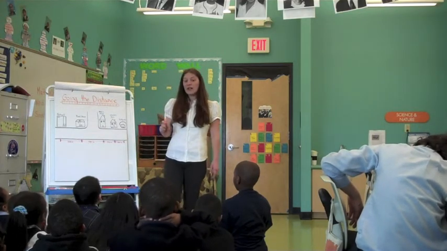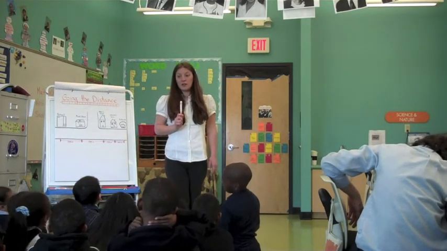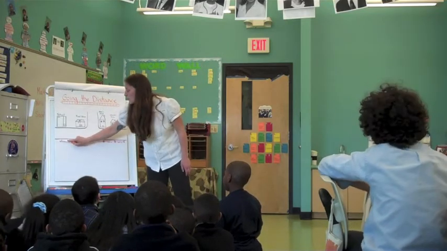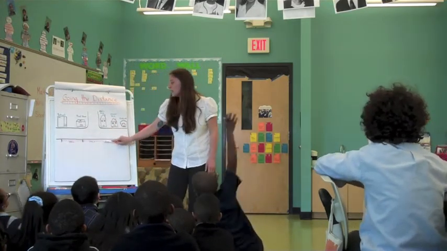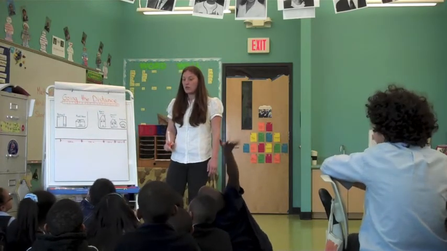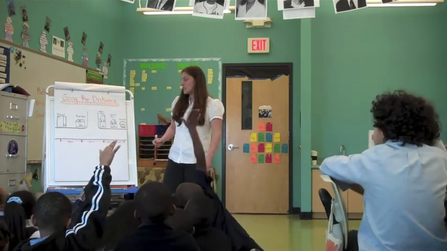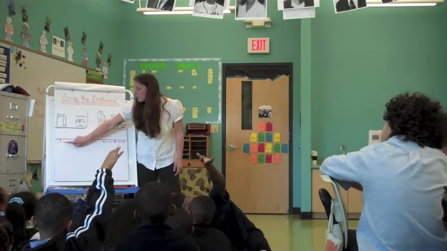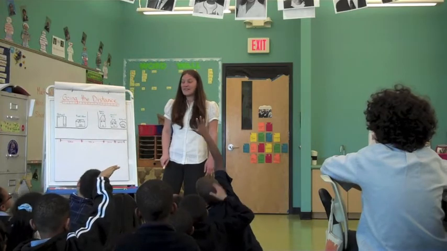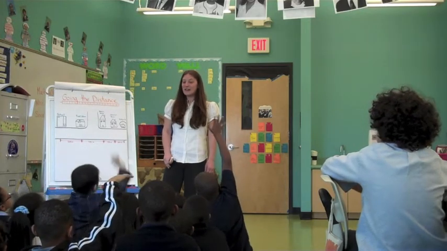I want you right now to think, how can I find the distance between the school and Alex's house? What do you think I could do if I want to find the distance from school to Alex's house? What do you think? Think about it.